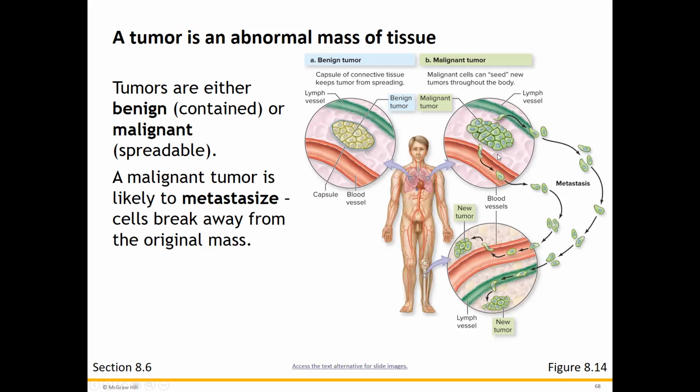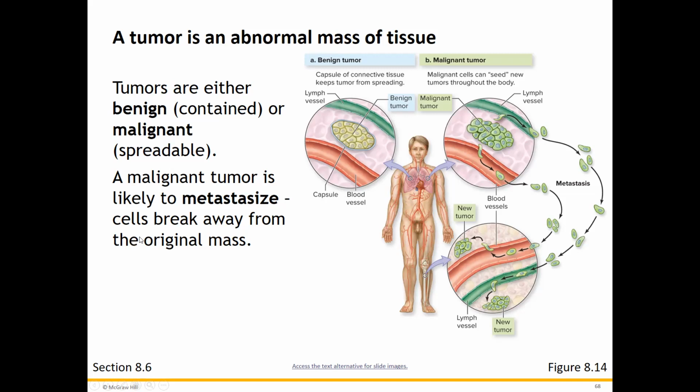Nobody wants a diagnosis of malignant. That means that it's spreadable. This tumor is spreadable. Well, what do we mean by spreadable? Well, we use the term metastasize. A malignant tumor is likely to metastasize.